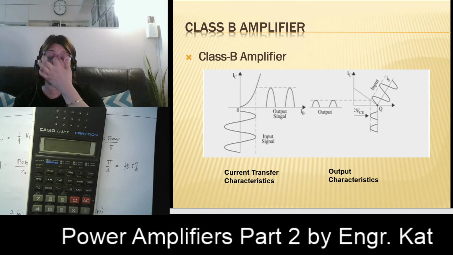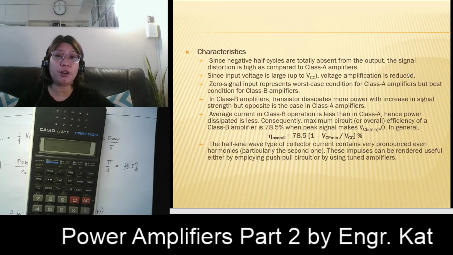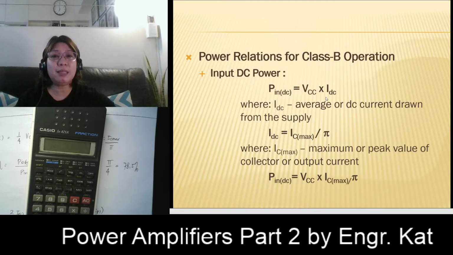So we cannot use that, because that will always give us an answer equal to 0. Instead, since we still need a DC current, we will be using the average, or the DC current drawn from the supply. So from your AC source, what will be the DC current out of that AC current? We call that DC the average, or the DC current drawn from the supply.